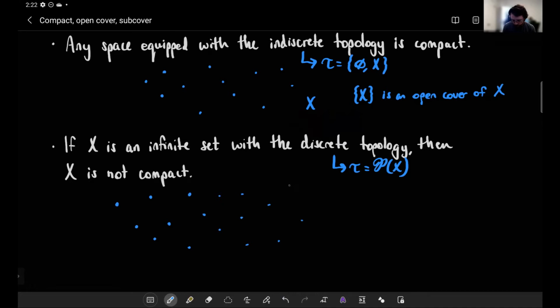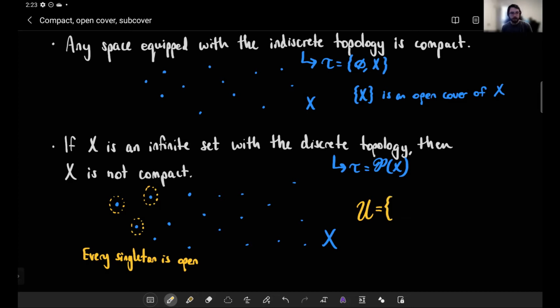But that's your space X, and it has the discrete topology, then in particular, we know every singleton is an open set. And so I can build an open cover, say, maybe call it curly U, for the collection of open sets I'm going to build.